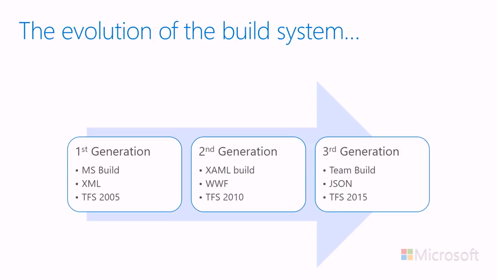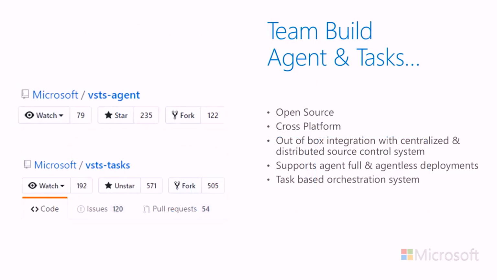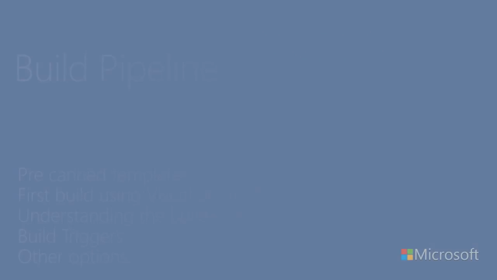It provides you out-of-box integration with centralized and distributed version control systems, and it works on any platform for any app. So we'll see some of that in action as well later in the demo. But I would encourage you to go off and check out the Team Build agent and the task repositories on GitHub. Very popular, plenty of forks on it. And so if you want to add stuff to it, then go for it. OK, enough talking. Let's get right into a demo.